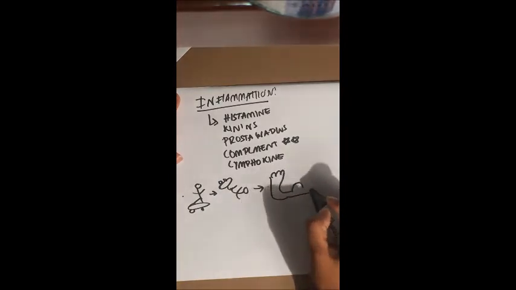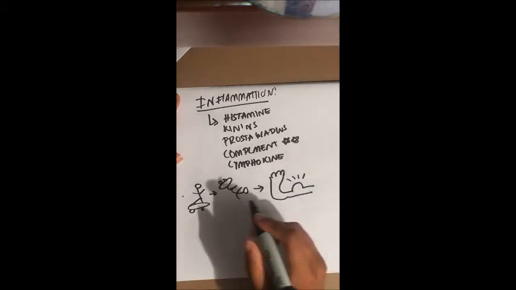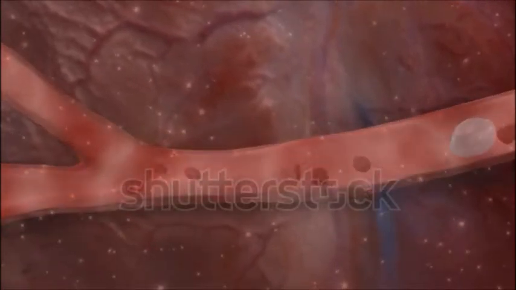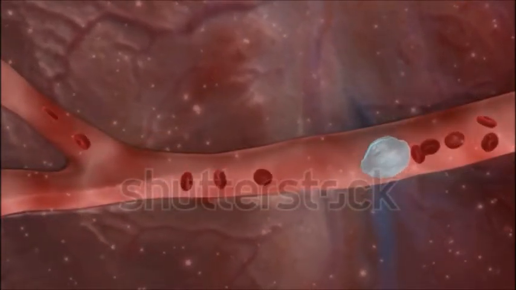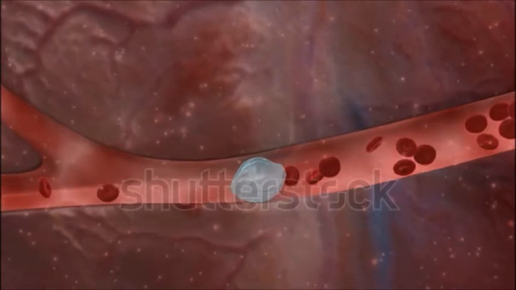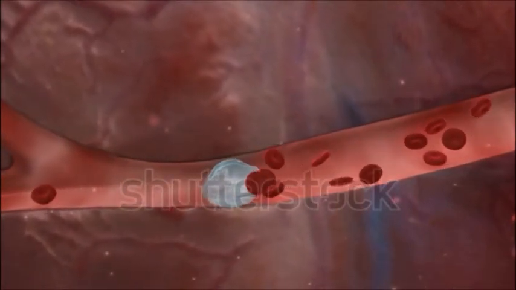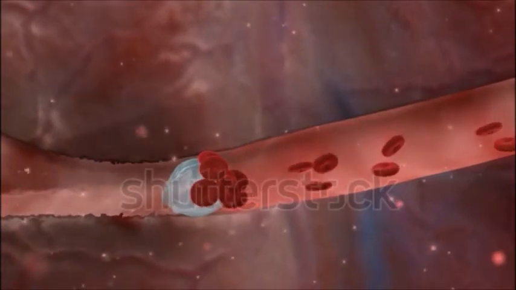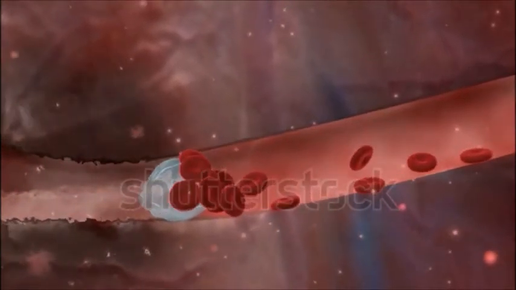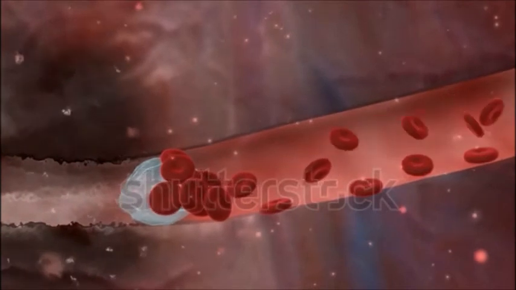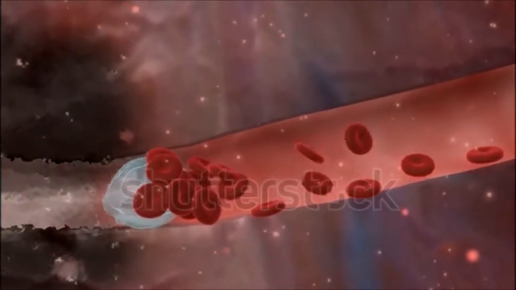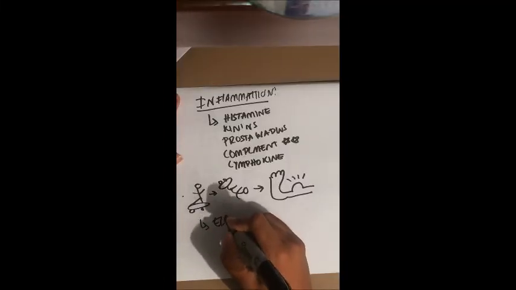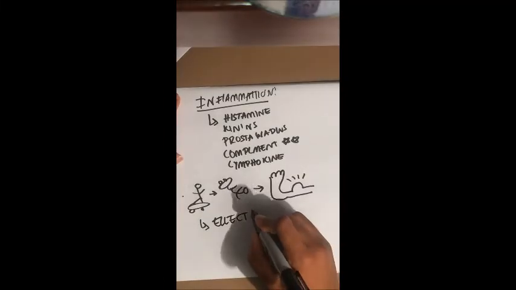Immediately, your body's first reaction is to increase blood flow to the area, causing hyperemia, which makes it red and hot, and also increases the production of exudate, which is fluid, and edema, which is swelling. The benefits of exudate are that it helps dilute harmful chemicals, increases oxygen and nutrient levels, and releases clotting proteins to isolate the damaged area.